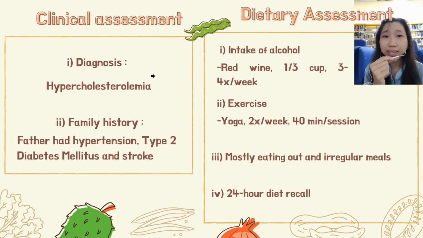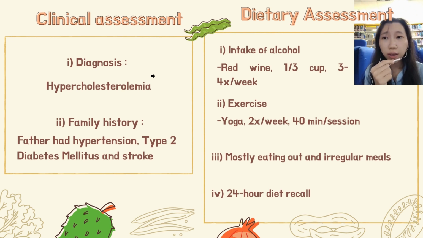Next is the clinical assessment. May is diagnosed with hypercholesterolemia, and her father has hypertension, type 2 diabetes mellitus, and stroke. Next is the dietary assessment. She intakes alcohol 3 to 4 times per week, and one time is 1/3 of a cup of red wine.